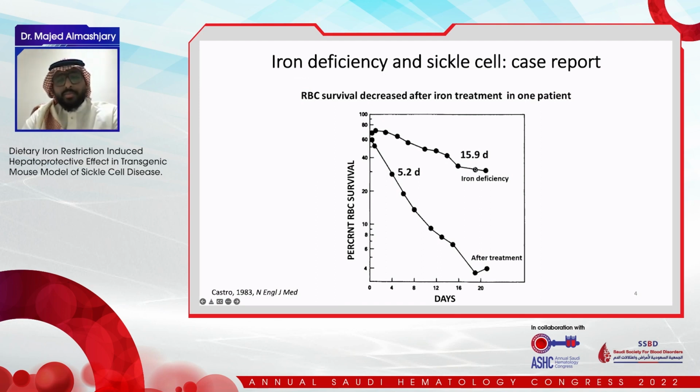This is quite remarkable in sickle cell disease, where the half-life of the red cell is about 5 to 10 days. After iron supplementation, the RBC survival went significantly down to 5 days. It's also worth mentioning that the MCHC in this patient was 30.5 grams per deciliter and then increased to 37 grams per deciliter.